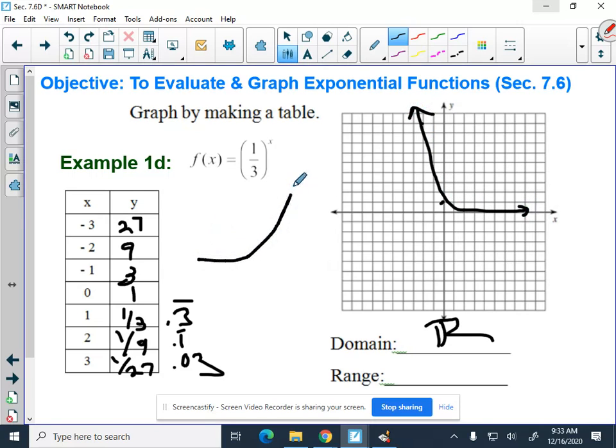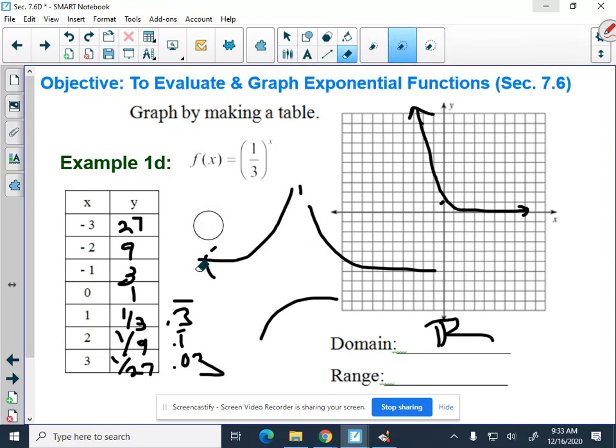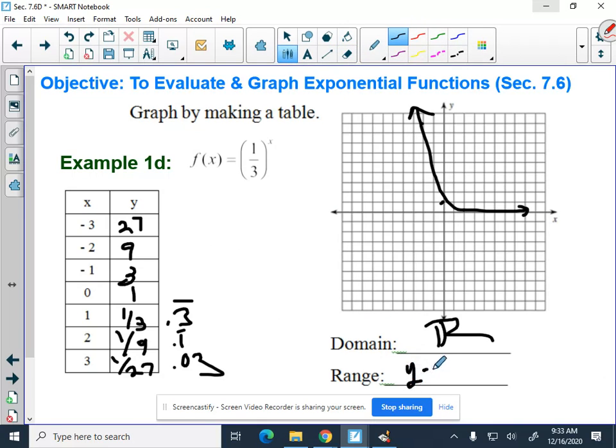Usually they're going to either go like this, or they're going to go like this and level off. Sometimes they go underneath the graph one way or the other. Okay, so you've got to be aware that that could be the case. What's the range again? Y is greater than 0.